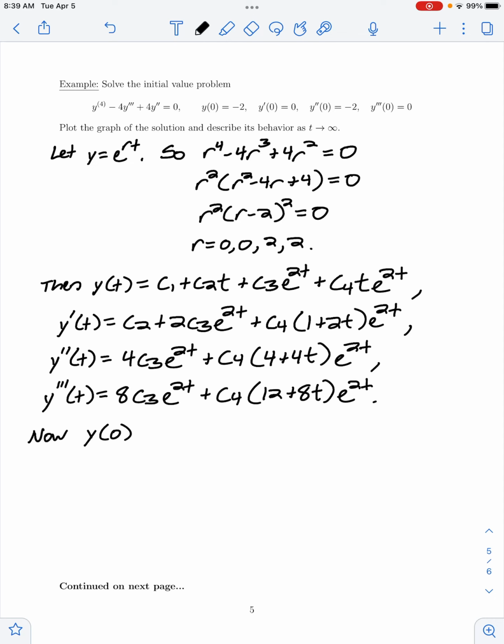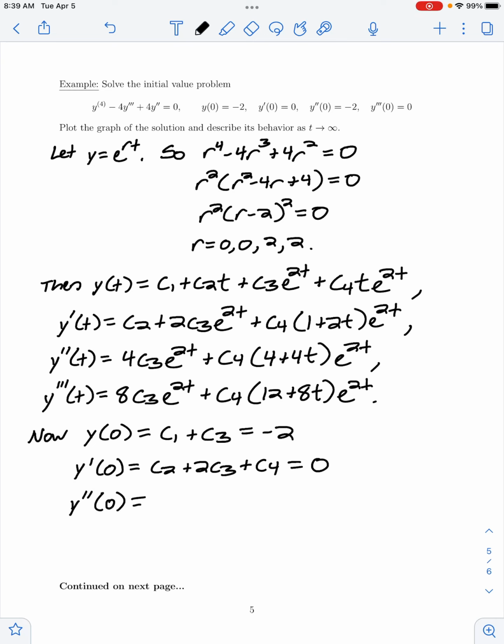So let's evaluate y at time 0. Substituting 0 into the general solution, we're left with c1 plus c3, which must be negative 2. For y prime at time 0, we're left with c2 plus 2c3 plus c4, which must equal 0.